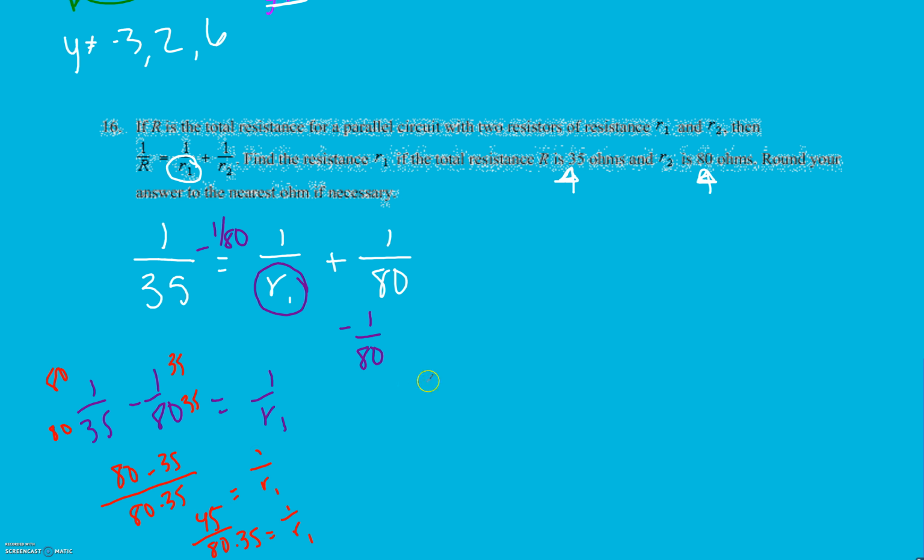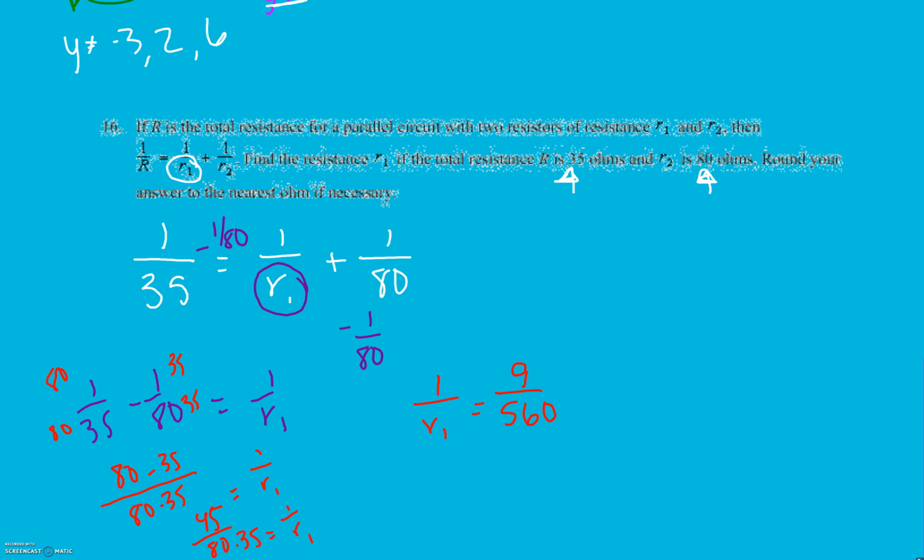It's going to simplify down to 9 over 560. I don't have my calculator on me. But you guys could have just typed 1 over 35 minus 1 over 80 either as division or as fraction in your calculators and switched it to a fraction, and it would have worked just fine.